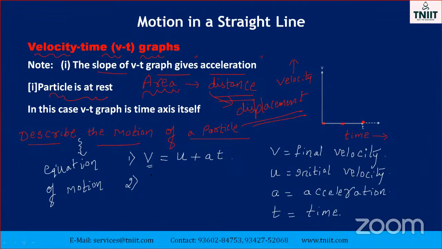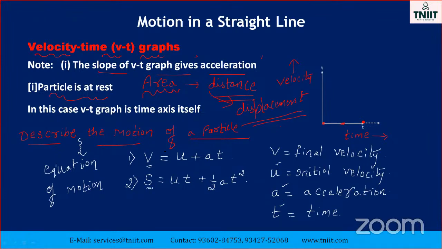What is the second equation? The second equation is S is equal to ut plus half at square. This is the second equation of motion. You know that U represents initial velocity, T represents the time, A represents the acceleration.